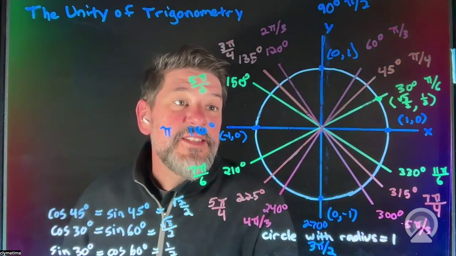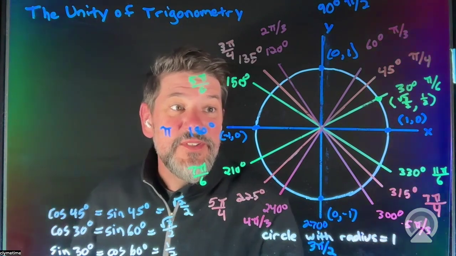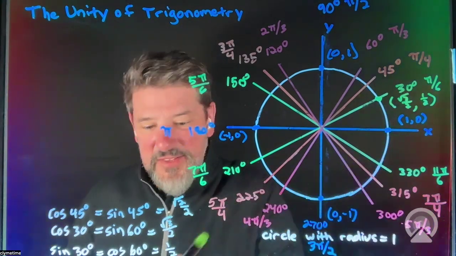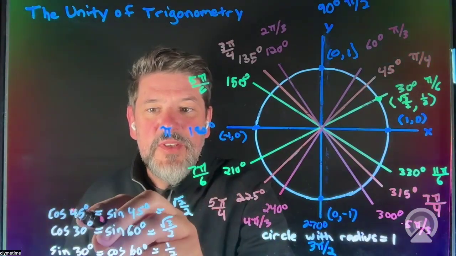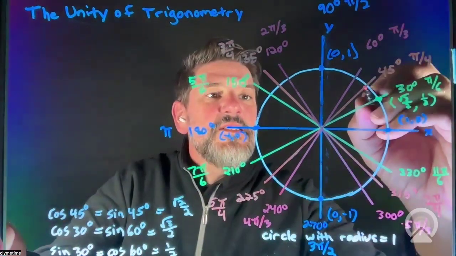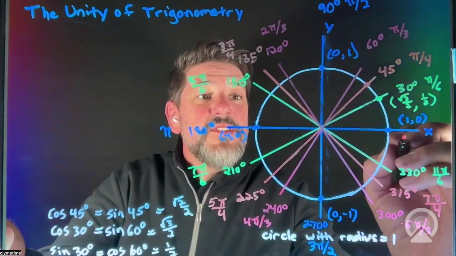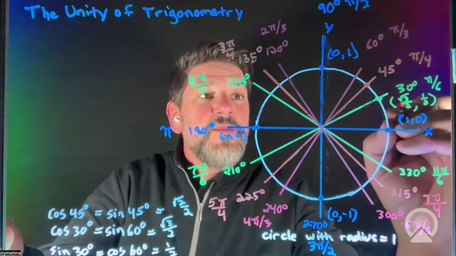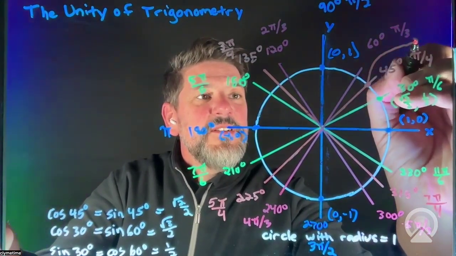Like I was saying, the nice thing about this is you only have to remember 3 numbers: square root of 3 over 2, 1/2, and the other number is square root of 2 over 2, which is right here. And that's both the cosine and the sine of 45. So right here, the cosine and the sine of 45 is square root of 2 over 2. I'm going to draw a little arrow out here.